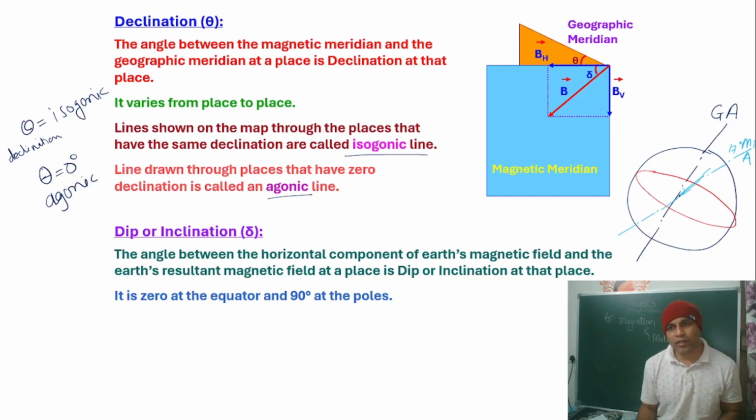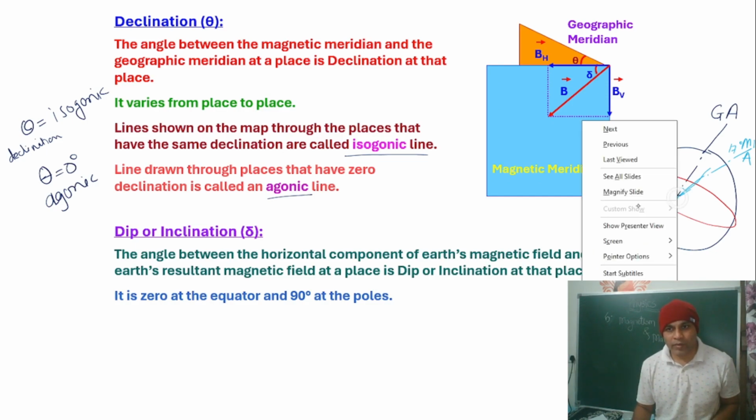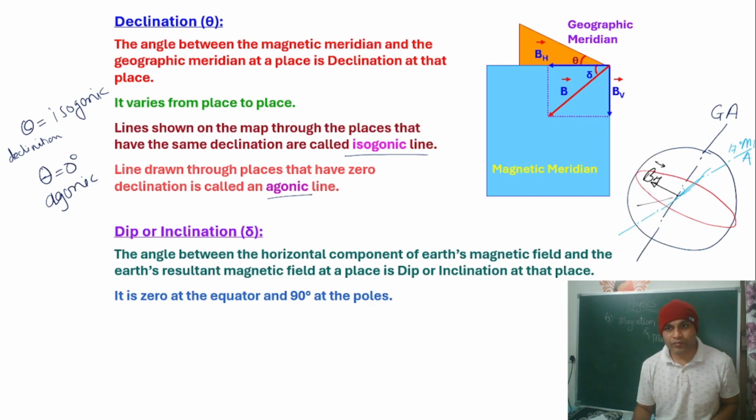Earth's magnetic component BH is this, right? And the angle between the horizontal component of the Earth's magnetic field and the Earth's resultant magnetic field at a place is the dip. So the Earth's resultant magnetic field, if I draw, is B, and the vertical component is BV.